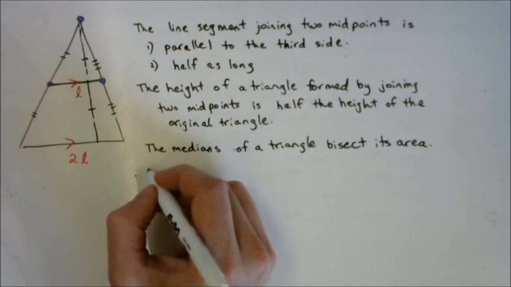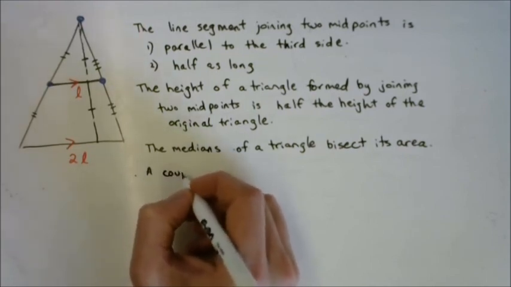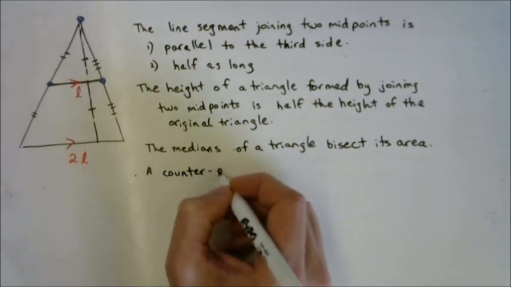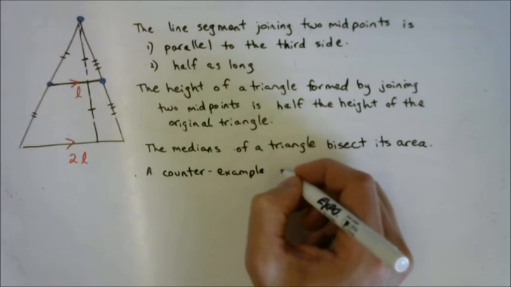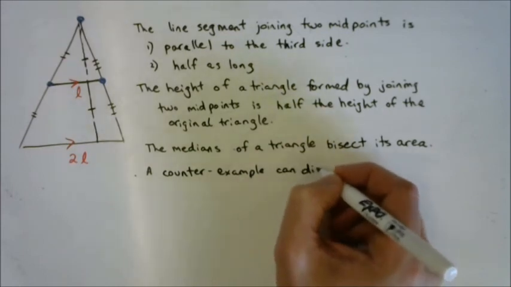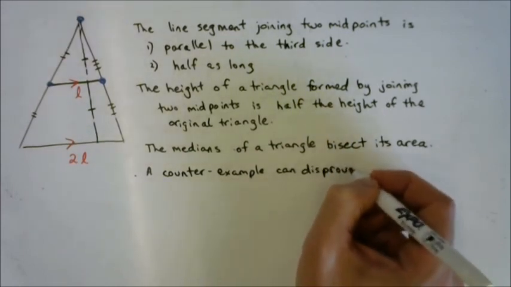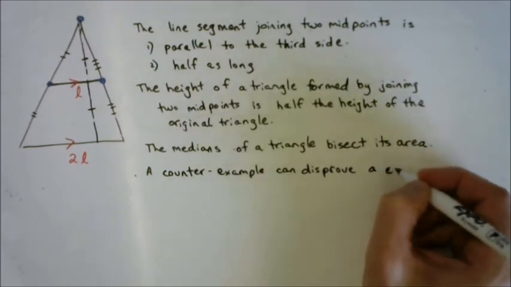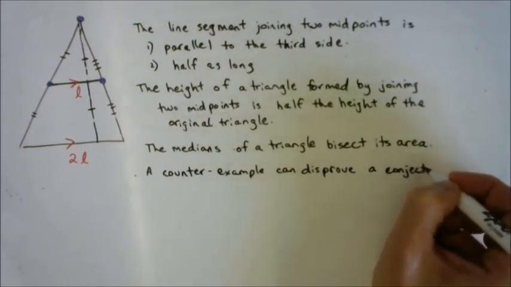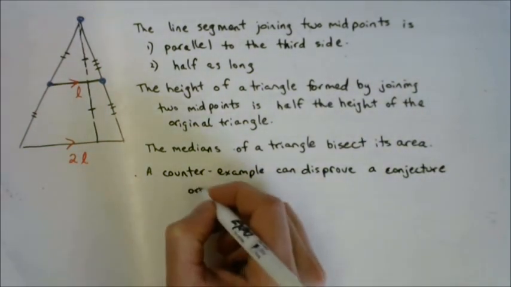And the last cleanup note is just the last thing we did, which is what is a counterexample. A counterexample can disprove, so prove to be false, a conjecture or hypothesis.